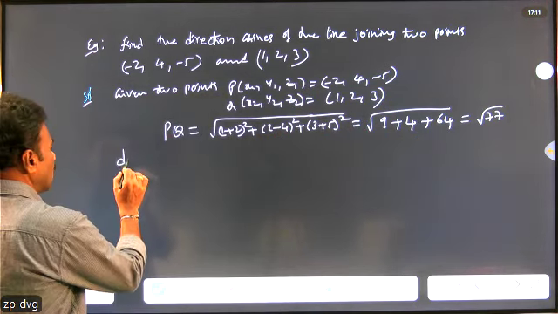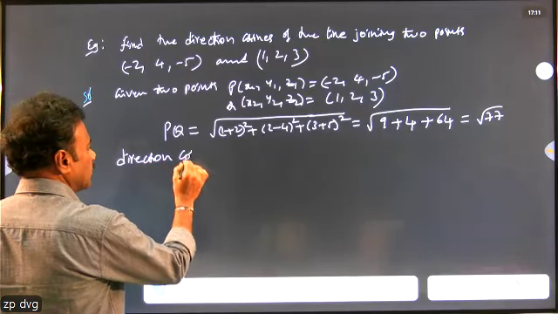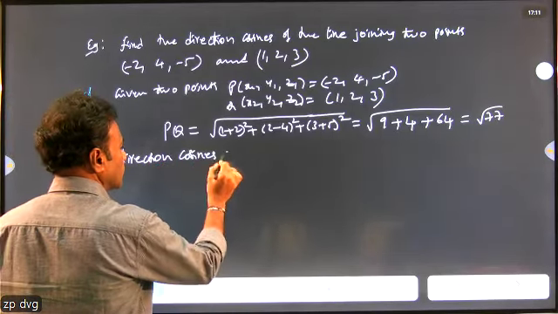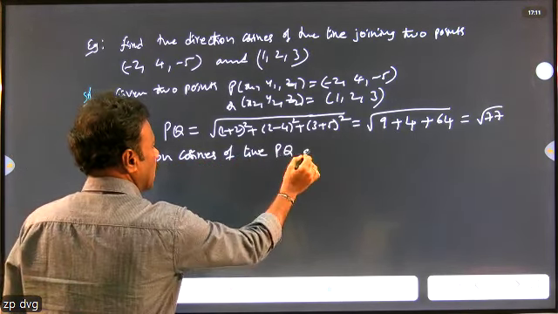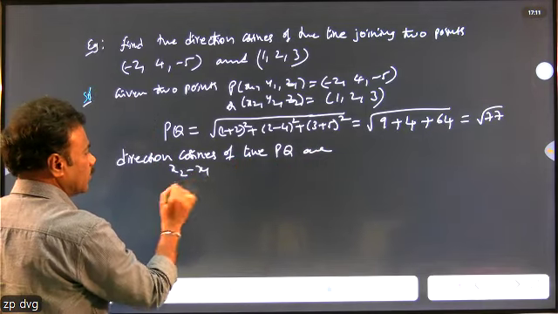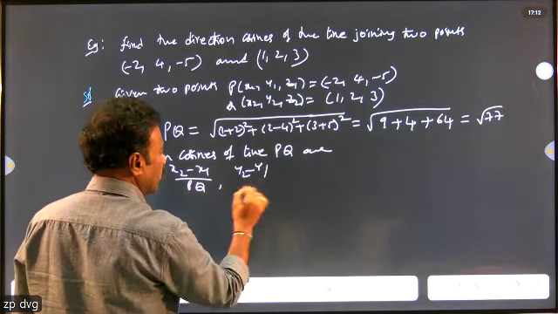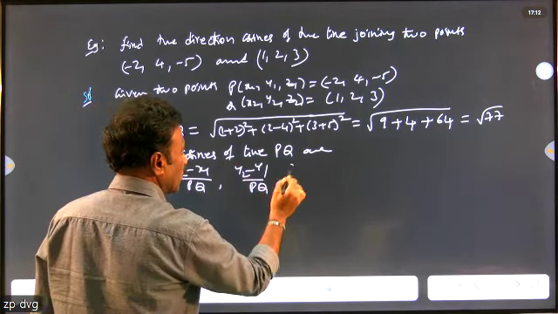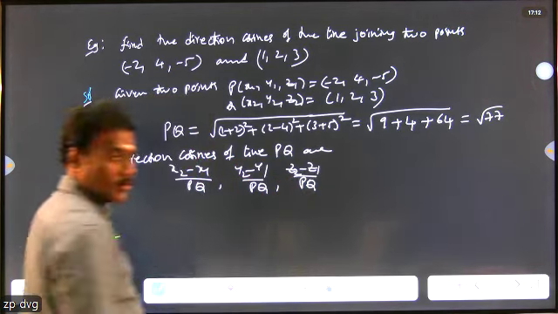But we have to find the direction cosines of the line PQ. The formula is x2 minus x1 by PQ, comma, y2 minus y1 by PQ, comma, z2 minus z1 by PQ, right?